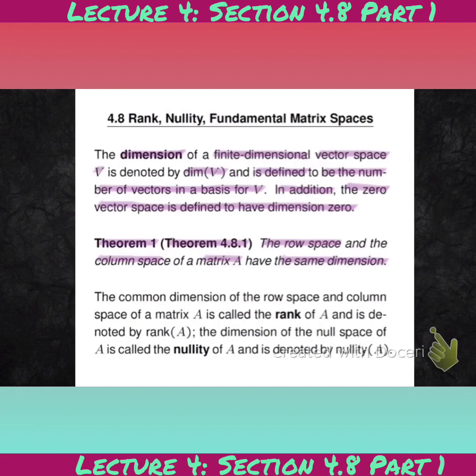The number of leading ones is going to influence the dimension of both the column space and the row space. So they both have the same dimension. Therefore the common dimension of the row space and the column space of a matrix A, we define as the rank of the matrix A, right? And it's denoted by that quantity there.